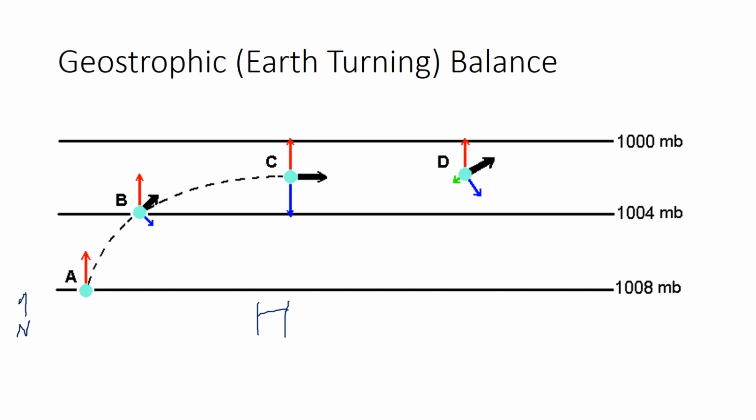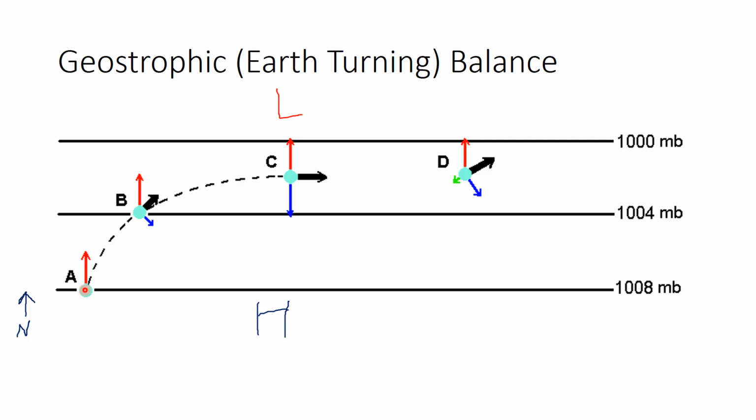There we go. And we have low pressure on the top of the map, on the north of the map. And then we have our particle. Let me pull up my laser pointer. Our particle is right here.